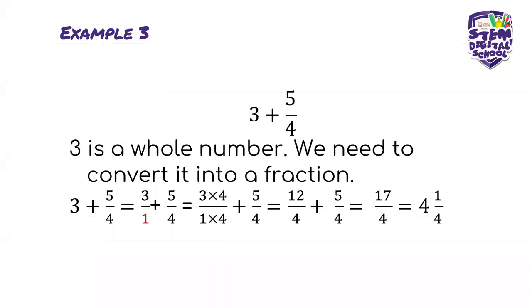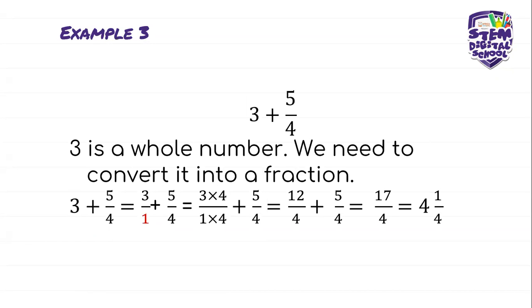We are now in example 3. You can just convert your fraction 3 over 1 into 12 over 4, so that you have the same denominator. Remember, we're looking for the lowest common denominator. In our case, we multiplied the denominator, which is now 1, by 4.